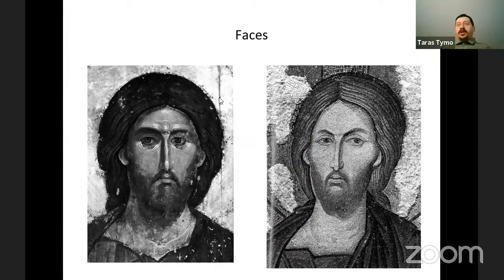And I think Pantocrator icons are by far the best personalistic representations of Jesus. For some reason, I don't know exactly why, it's actually the icons of the Pantocrator that are most common and best developed in terms of personalistic representation. Even the icons of the Holy Face are not so elaborate in that.